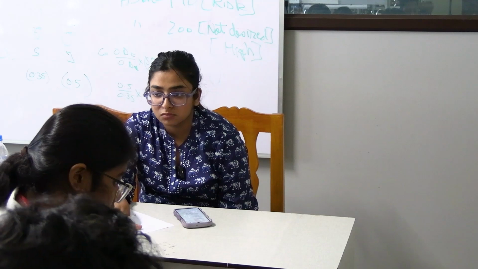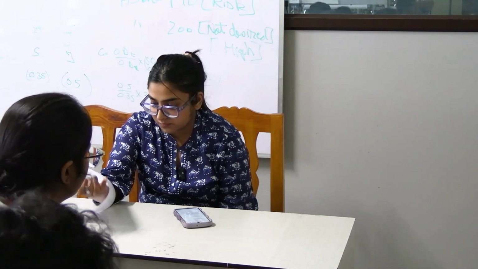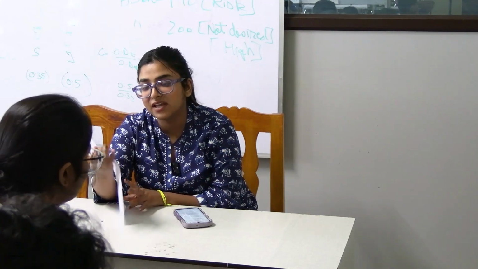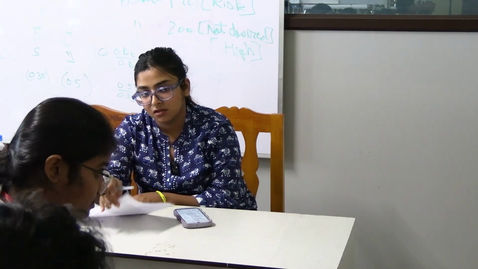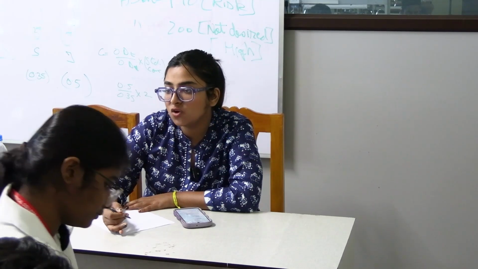What is the normal value? 40 to 48. I already told you the normal value. 40 to 48 is the normal value of PCO2, and 22 to 26 is the normal value of bicarb.